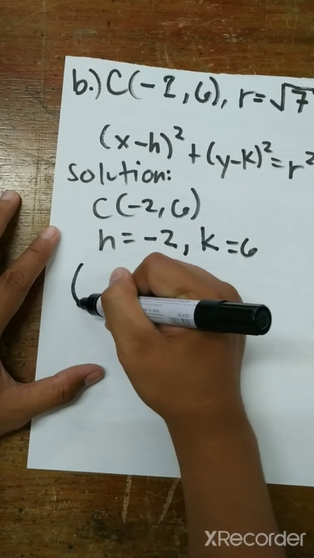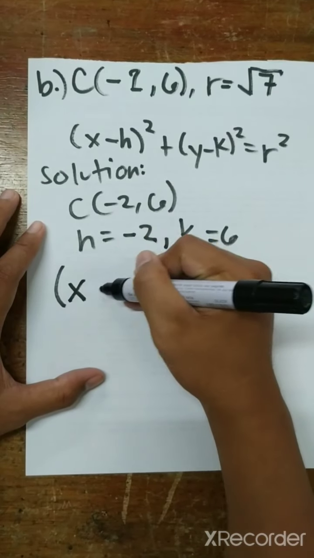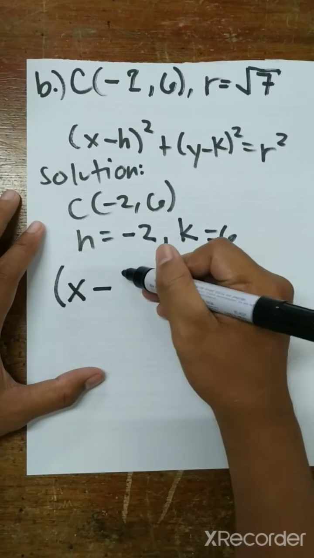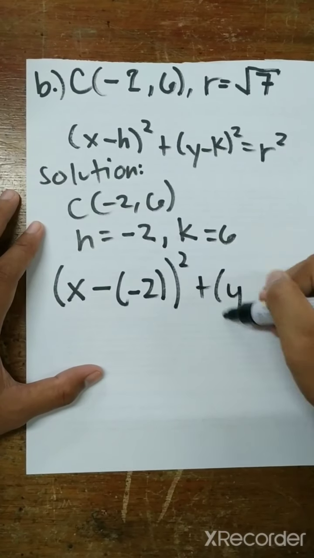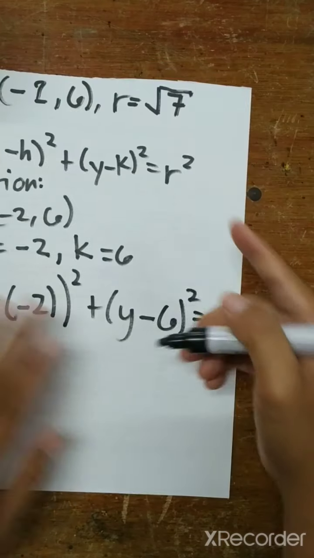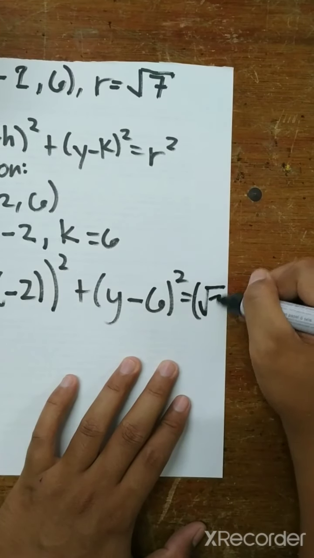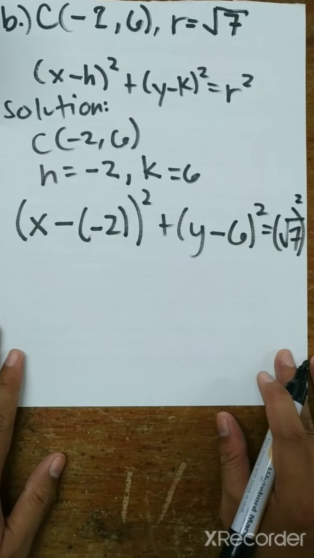So we're going to substitute that into our standard equation. So we will have (x minus h), our h is -2, so squared, plus (y minus k), k is 6, squared equals r, square root of 7, squared. Pardon for that, we have a shortage of space.